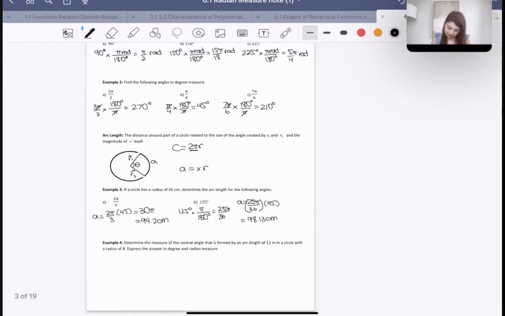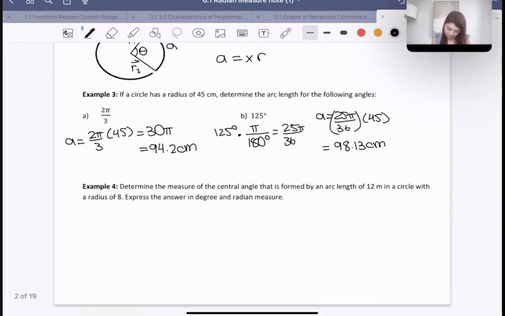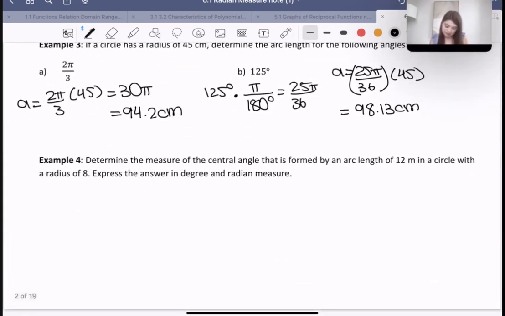All right, let's do one more example. Example 4 says, determine the measure of the central angle that is formed by an arc length of 12 meters in a circle with a radius of 8. Express the answer in degree and radian measure. Okay, so let's do that. We know that the arc length is 12, and we know that the radius is 8, but we don't know the x value, right?